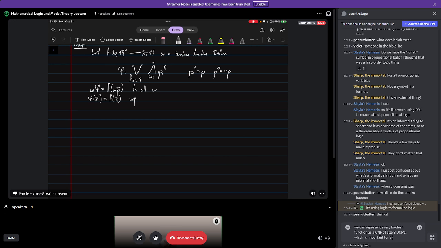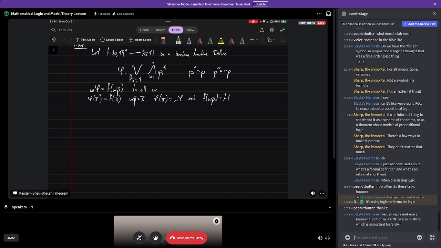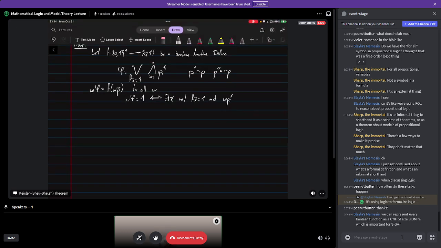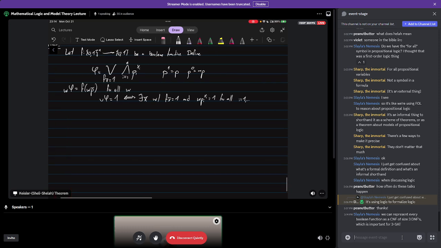Because I can just define W(p) equal to x, and then f of x is equal to W(phi), and f of W(p) is equal to f of x. Okay, so for all W, W(phi) is equal to 1 if and only if there exists an x with f of x equal 1 and W(p_i) to the power of x_i equals 1 for all i equals 1 through n.